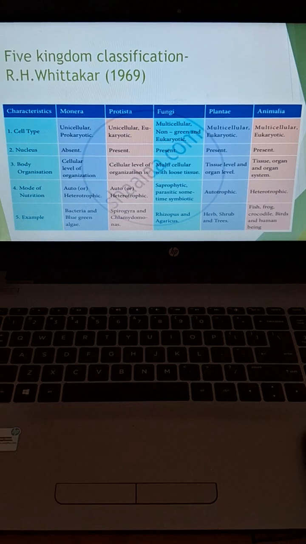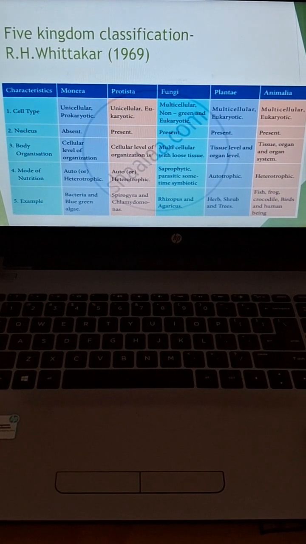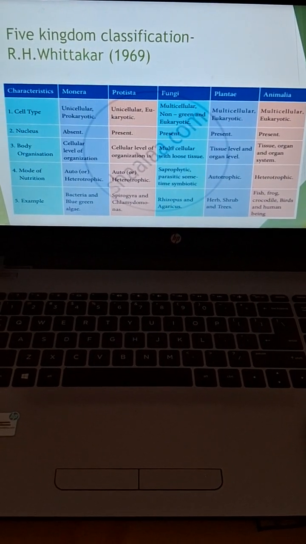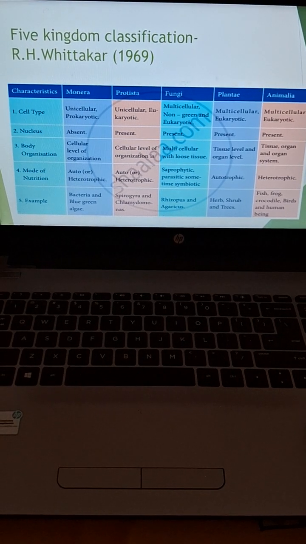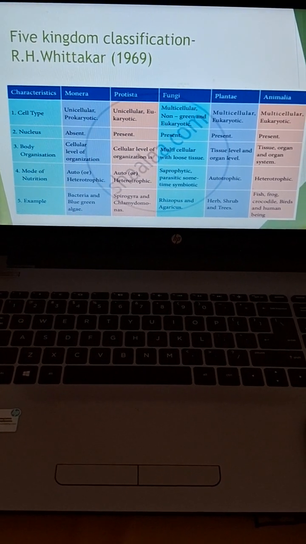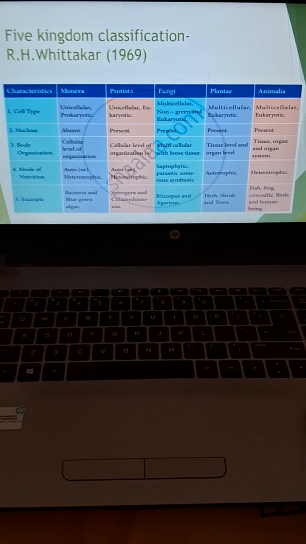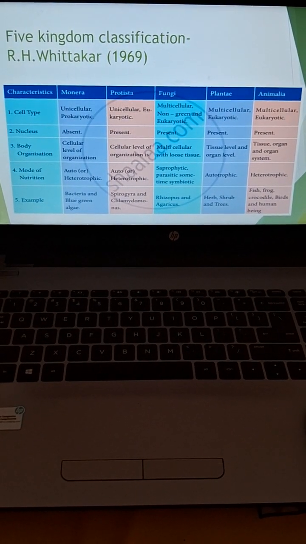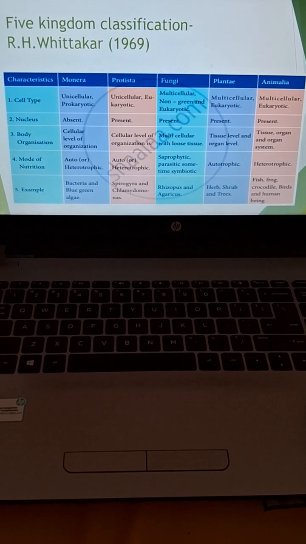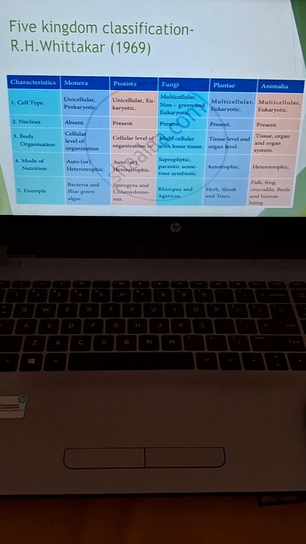So next we have the five kingdom classification. Five kingdom classification was given by R.H. Whittaker in the year 1969. He was the scientist who used all these characteristics for the classification of living organisms.